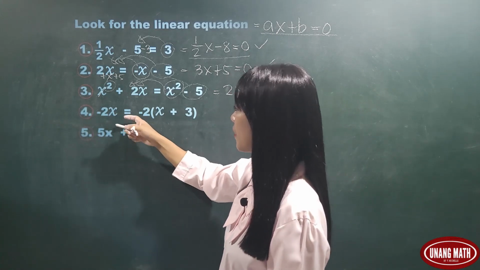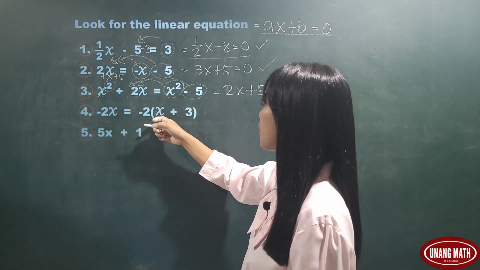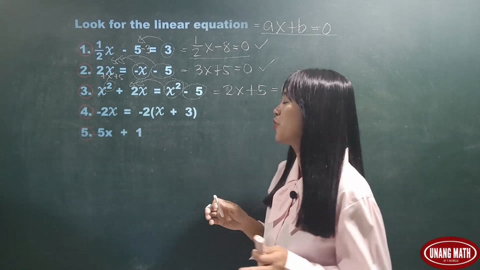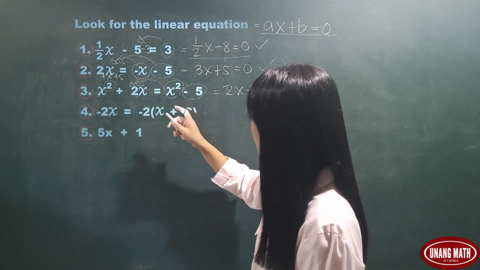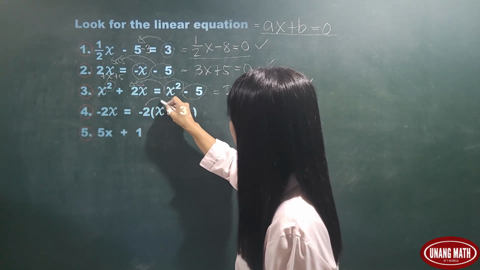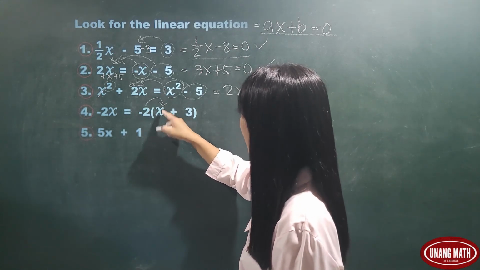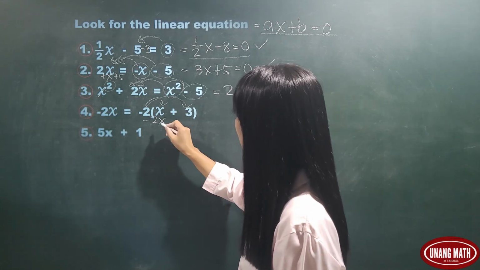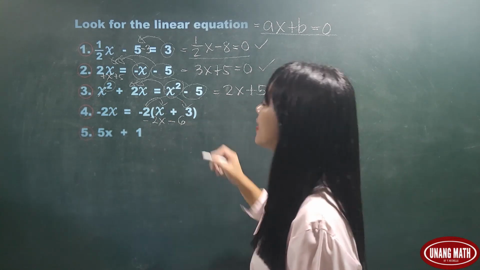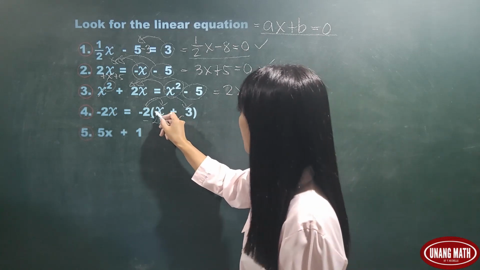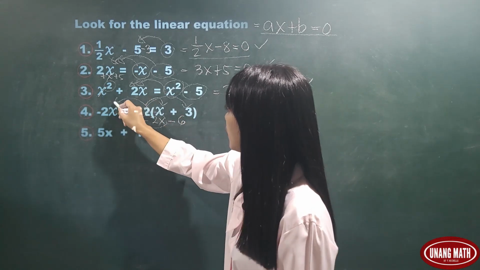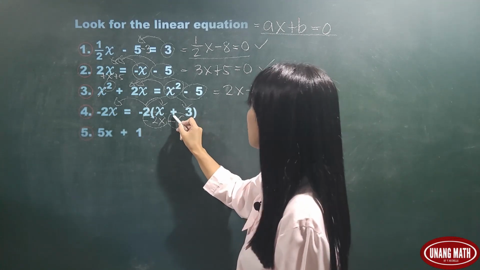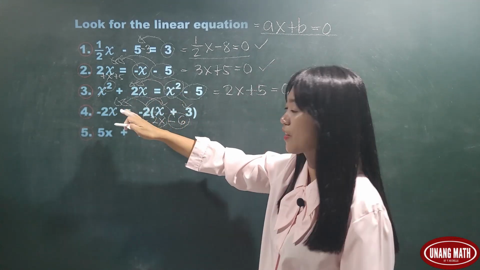Negative 2x is equal to negative 2 times this expression, x plus 3 inside the parentheses. First thing we need to do is remove the parentheses using the distributive property. So negative 2 times x and negative 2 times 3. So it will be negative 2x minus 6. Okay, now transpose negative 2x to the left side of the equation, and negative 6 transposed to the left side of the equation.